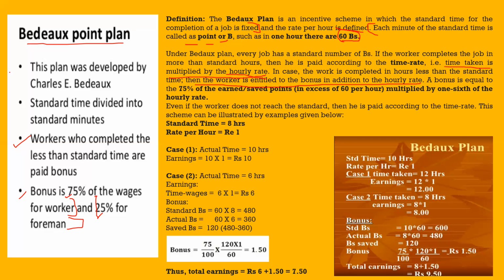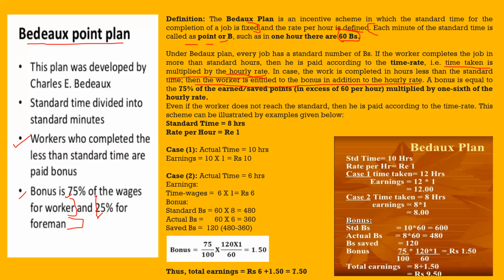A bonus is equal to 75% of the earned or saved points in excess of 60 per hour multiplied by 1/6 of the hourly rate. We'll understand that with an example here.